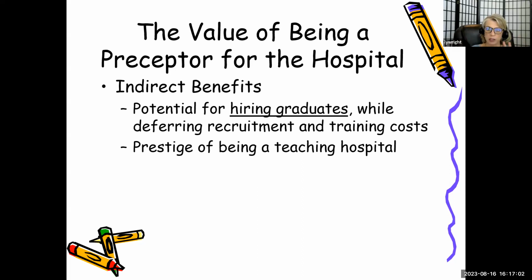They knew the hospital software and everything. So it was very easy for them to start work as a dietitian in our facility. There's also a certain amount of prestige that comes in being a teaching hospital, that helps that indirect value for the facility.